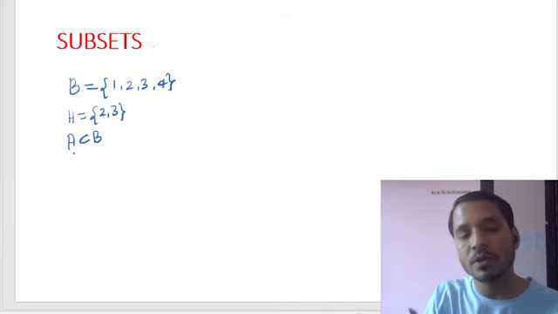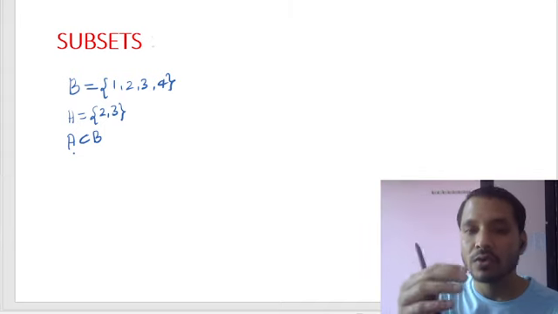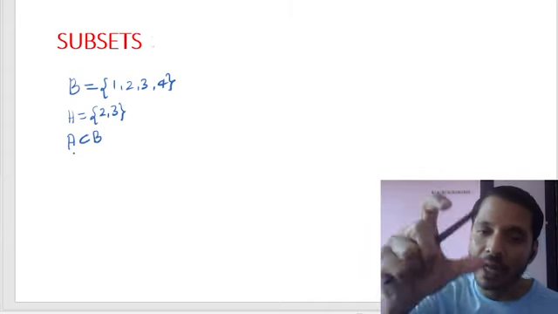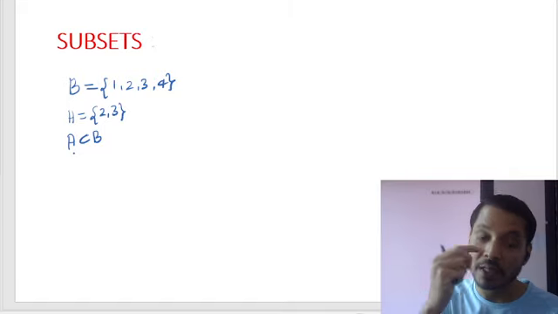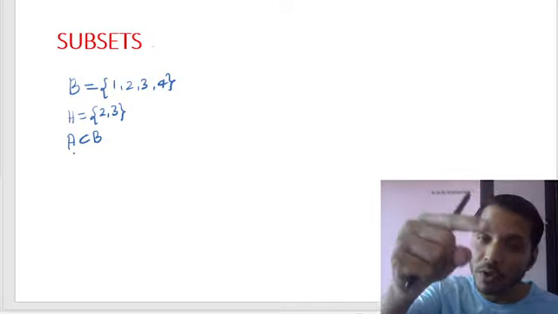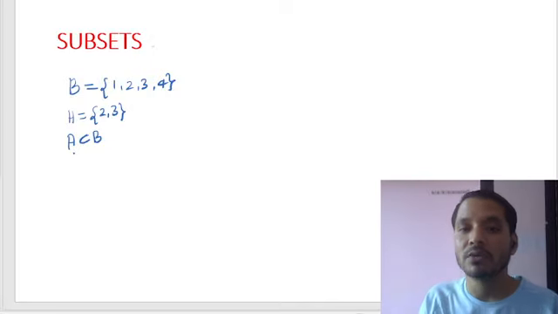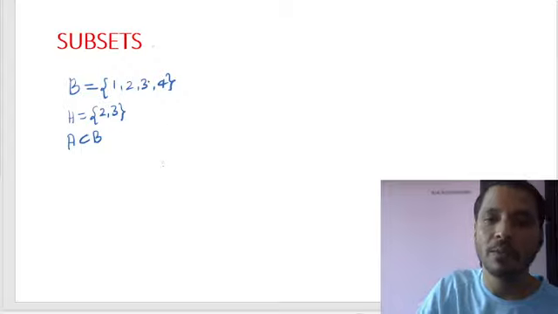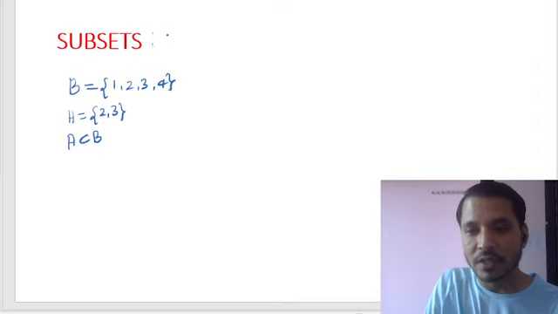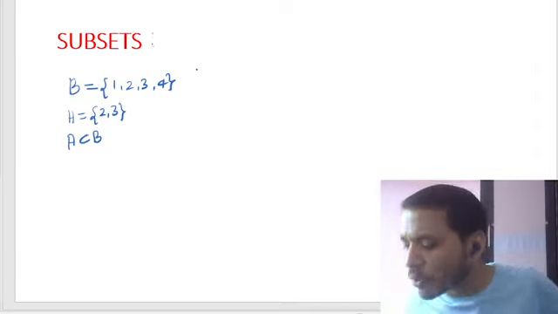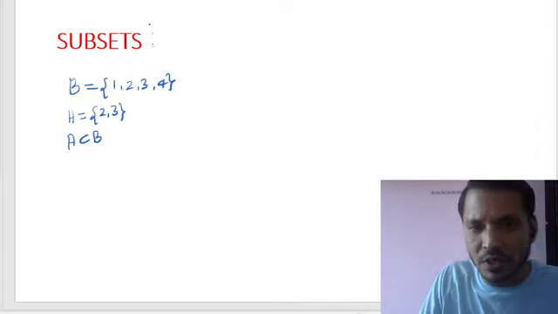Because all the elements of the set A are also part of the set B. So this is the smaller set, but the elements belong to the set B only. That's why it is called a subset. How can we define it? Set A is said to be a subset of B.